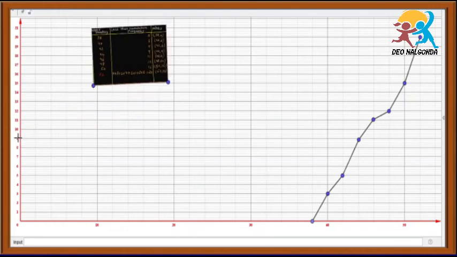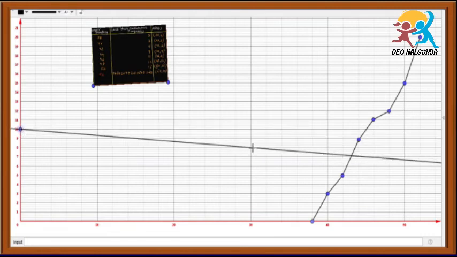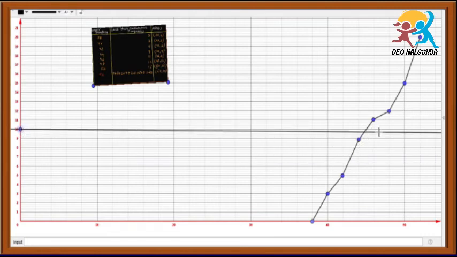So what should we do on the y axis? Just search for 10. So here we got 10. From this 10 we have to draw a line parallel to the x axis. I am drawing a line parallel to the x axis from 10. Then denote the intersecting point with the curve.